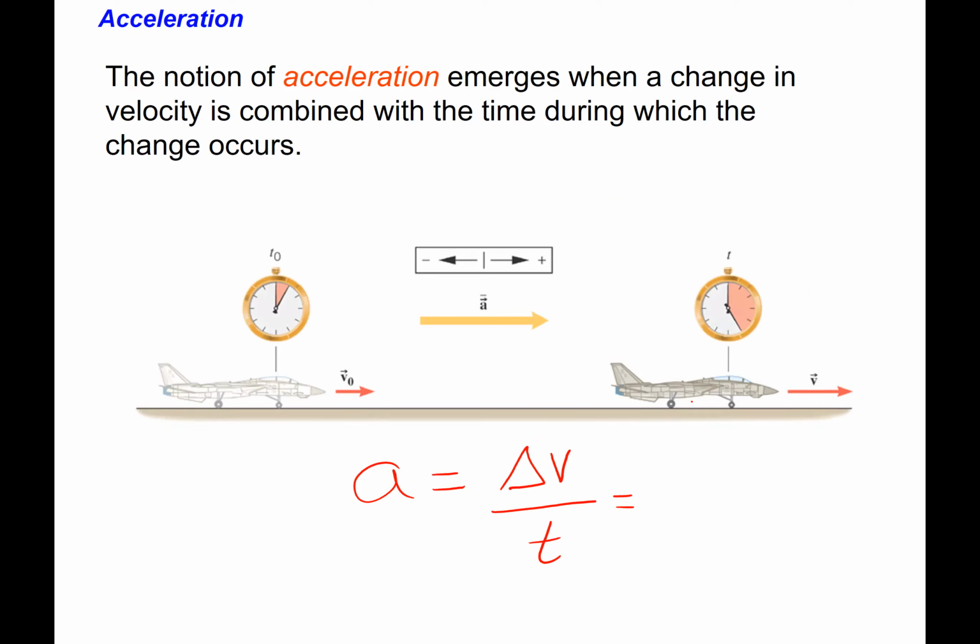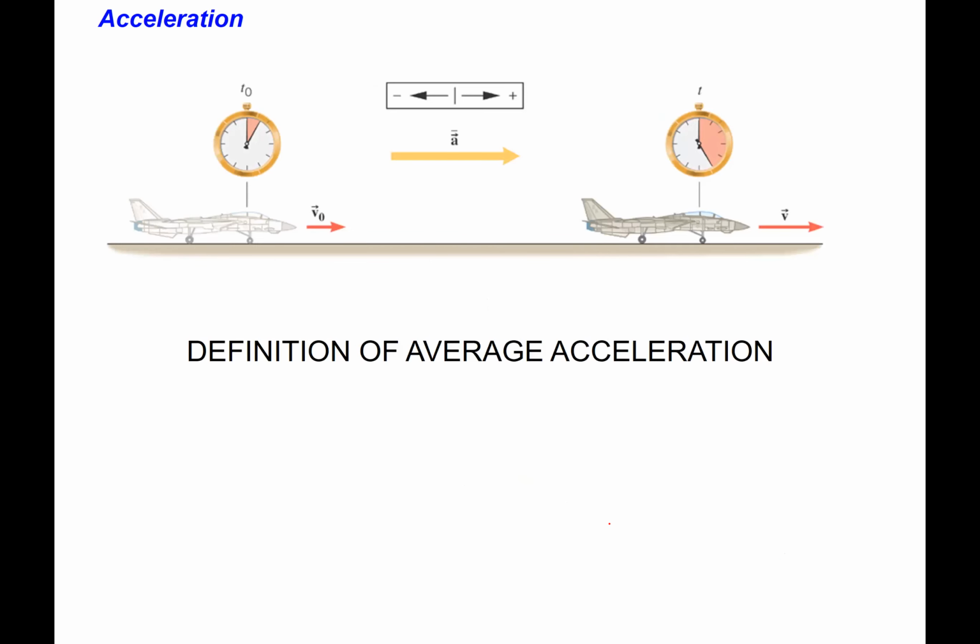For our purposes, we define change in velocity as the final velocity, written as v subscript f, minus the initial velocity, v subscript i, over time. So this equation is very easy to remember: change in velocity over time. So our definition of average acceleration is simply that, where we find it by dividing the change in velocity over time.